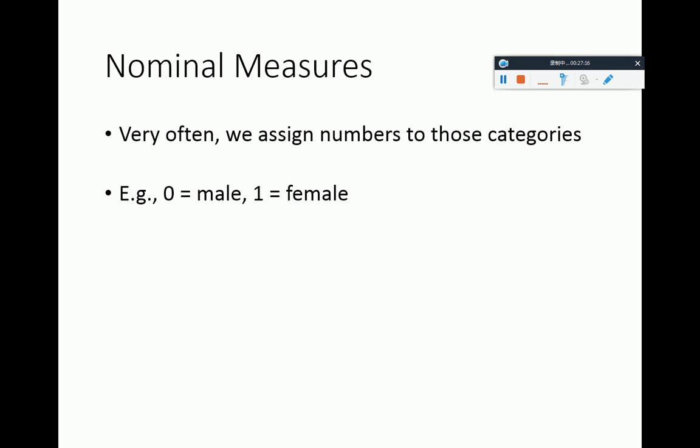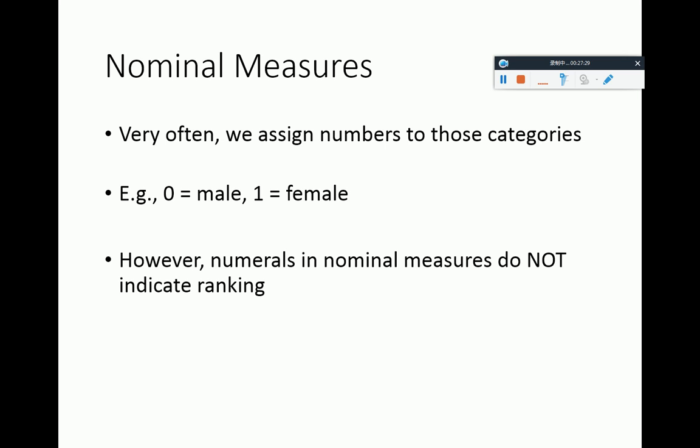Or, for example, we use 1 to represent that you are a UHM student and 0 to represent that you're not a UHM student, etc. Something that we should all bear in mind is that numbers in nominal scales do not mean anything at all, right?